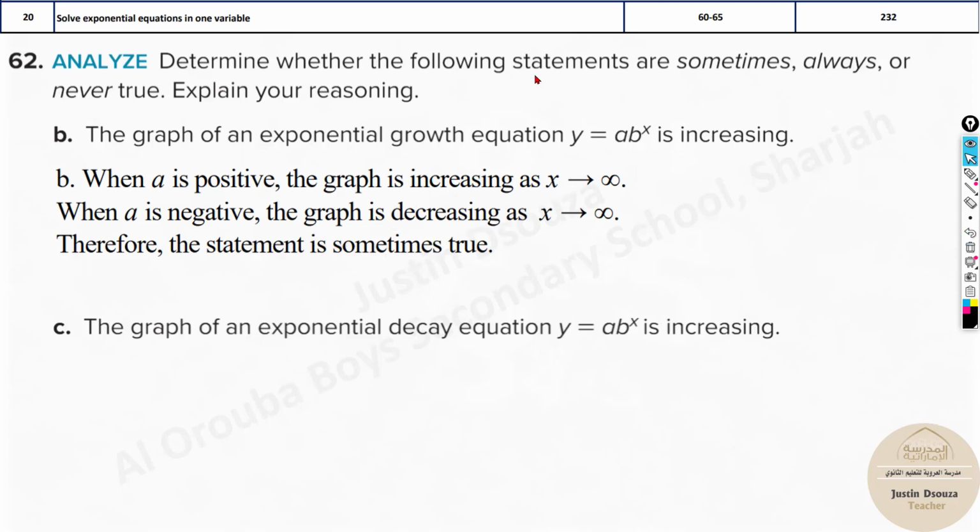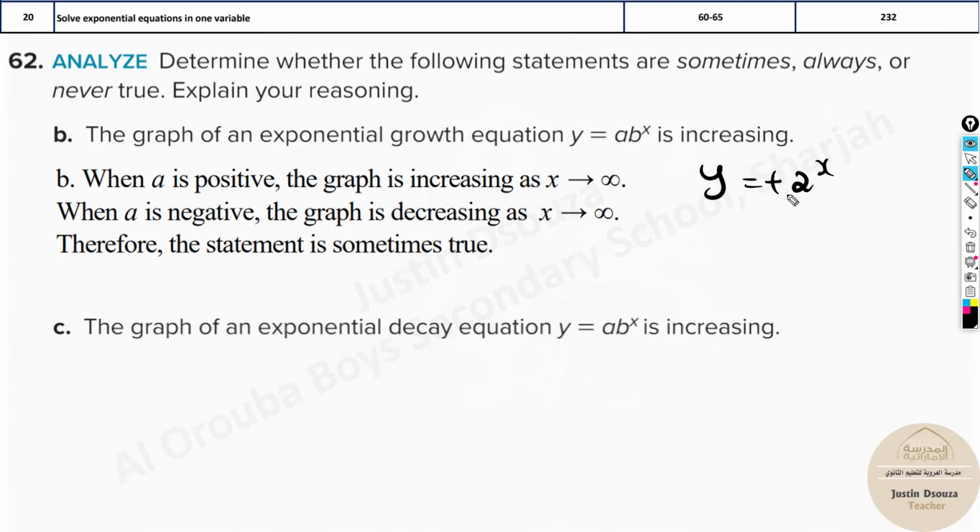One minute. I thought of editing the previous part, but I'll keep it because it's a very important lesson, because I just forgot this a term altogether. I was just thinking about growth and decay. But look here, there is an a term. I was thinking it's like y is equal to 2 to the power x, that's it. But a is there.